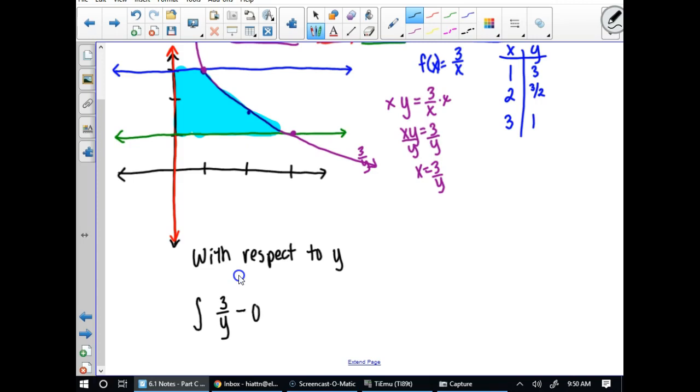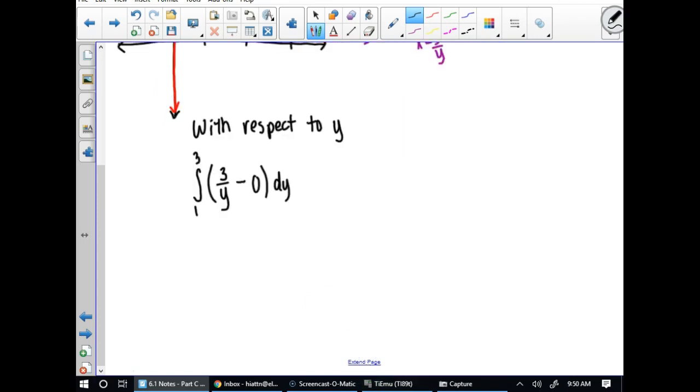So we don't even have to write that. dy. What should my limits of integration be here? 1 to 3, because I'm looking at the y-axis for those limits. So here I've got the integral from 1 to 3 of 3 over y, dy.